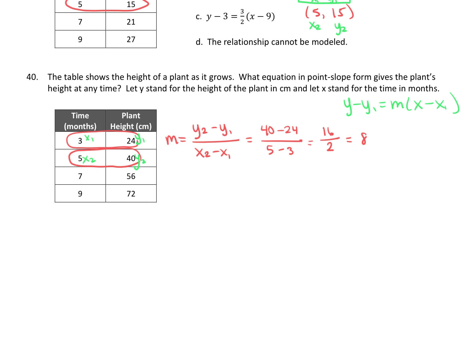So we have a slope of 8, and then we're just going to pick one ordered pair. How about that (3, 24)? There's our x1, y1, and then we can write our answer. We're going to follow that format up there. So y minus y1, which is 24, equals our slope 8 times x minus our x1, which is 3, and there's point slope form.